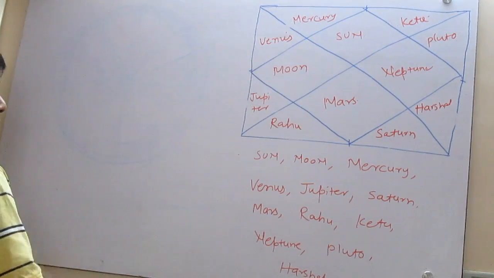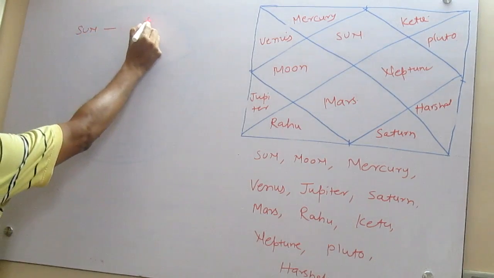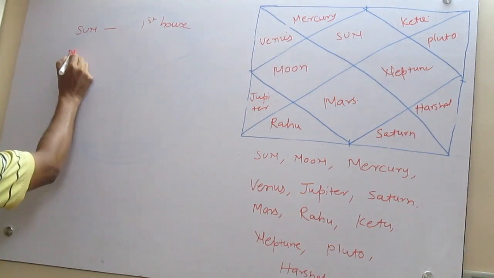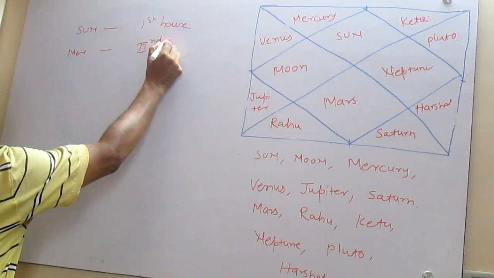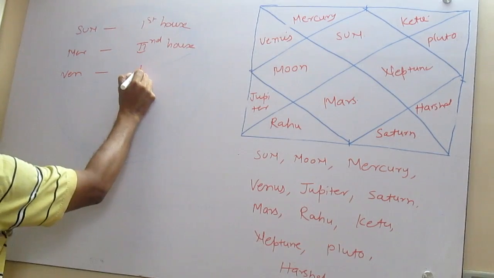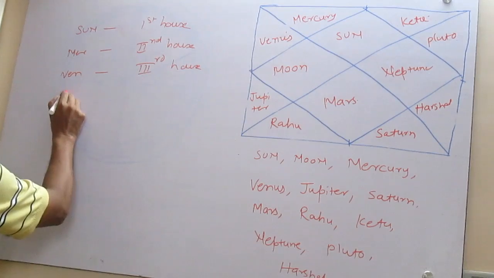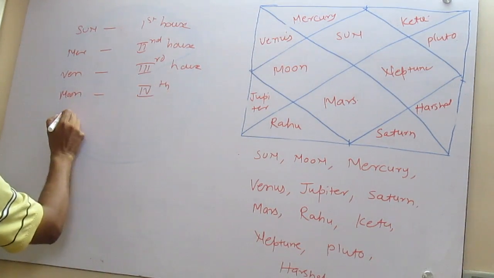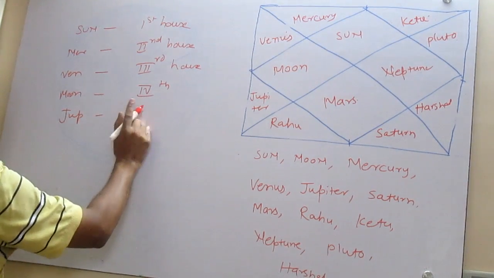In this figure, Sun is placed in first house. Now, Mercury is placed in second house. Venus is placed in third house. Moon in fourth house. Jupiter in fifth house.